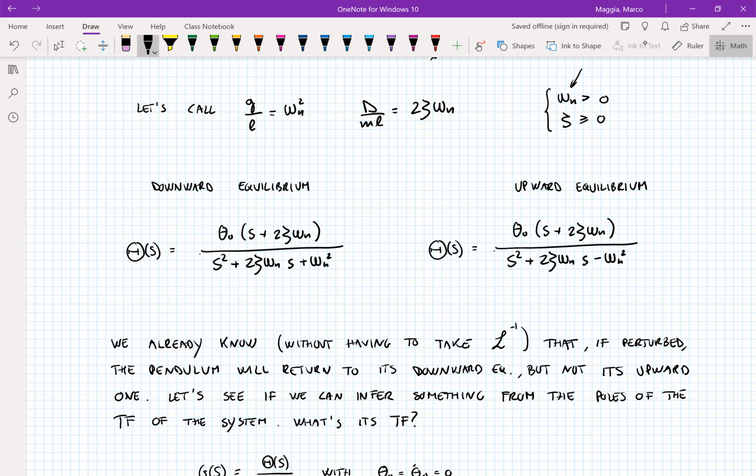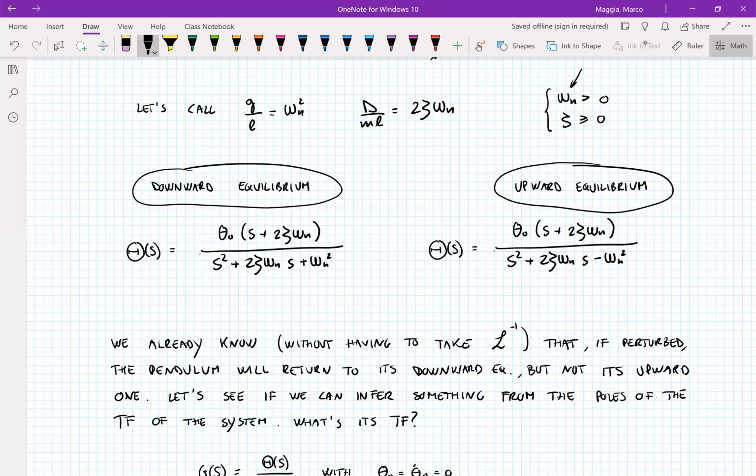However, if the pendulum starts from its upward equilibrium, even a slight perturbation from it will make the pendulum sway away without ever coming back to the vertical upward position. So intuitively, we already know that one system is stable and the other is not. So we know that the downward equilibrium is a stable equilibrium, whereas the upward equilibrium is not stable.